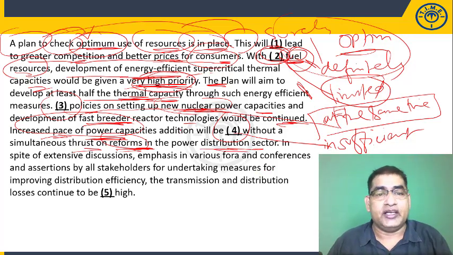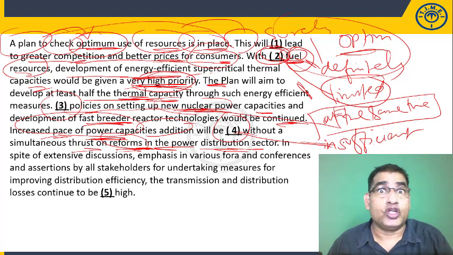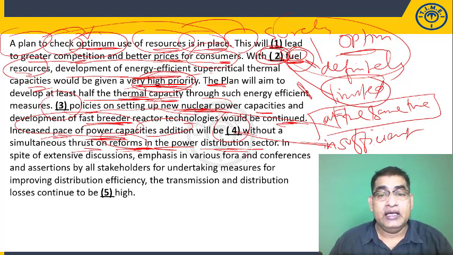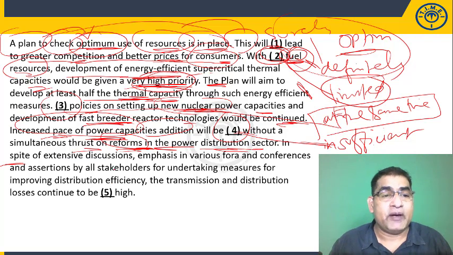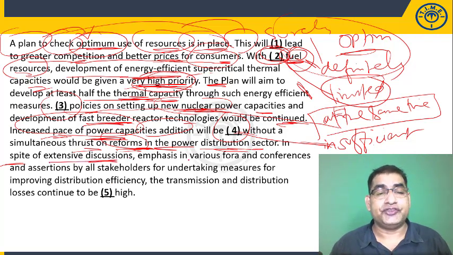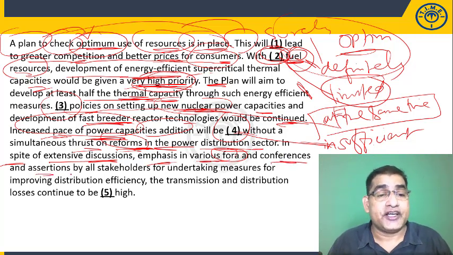So it's an interesting thing, right? Apart from this, this also should be done. Without this, this alone would be incomplete or insufficient. So the fourth blank is also obvious. Then the author says, in spite of all these things that are being done, in spite of what? Extensive discussions, emphasis in various fora, fora is plural for forum, and conferences, and assertion by all stakeholders for undertaking measures for improving distribution efficiency.